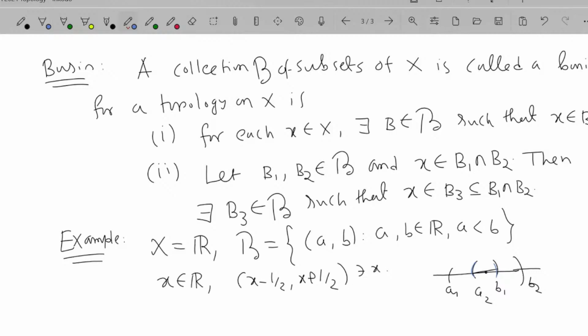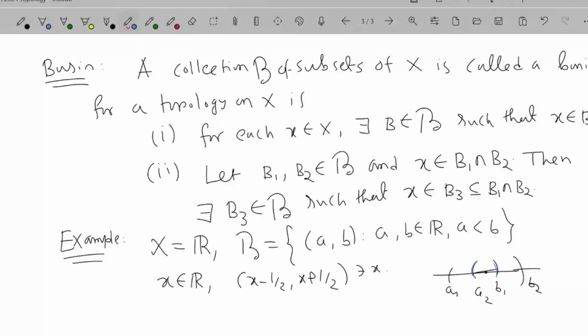What is that? We will say that U, a subset of X, is in tau if and only if for each x belongs to U, there exists an element, let's say Bx, in that collection such that x belongs to Bx subset of U. So that's how we are generating the topology.